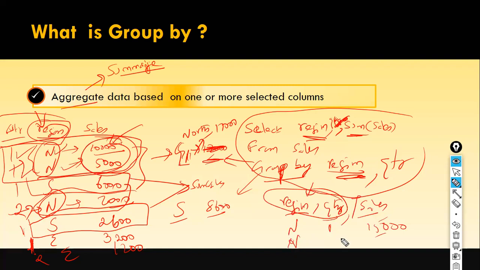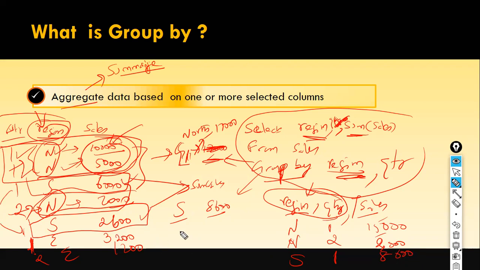Hence it will put north, and then the quarter is 2, and in this quarter we have only 2,000. Similarly for south, we have two records that have similar values with respect to the combination of quarter and region. These two, right? In that case, quarter one and 6,000 plus 2,600, 8,600. This is how it performs the group by.